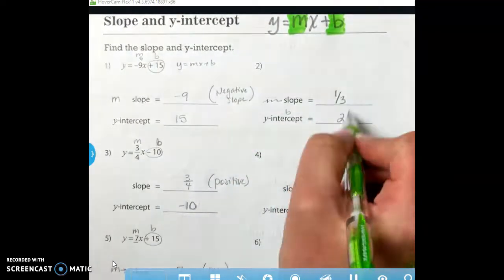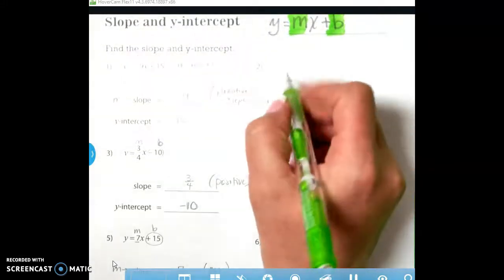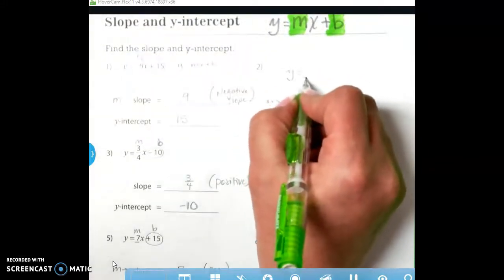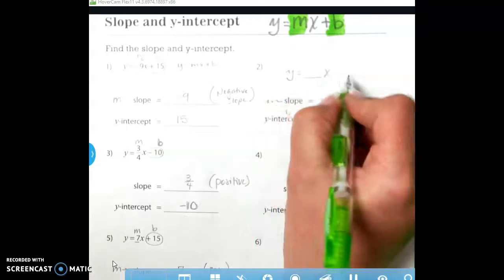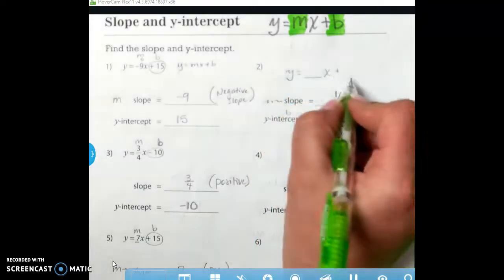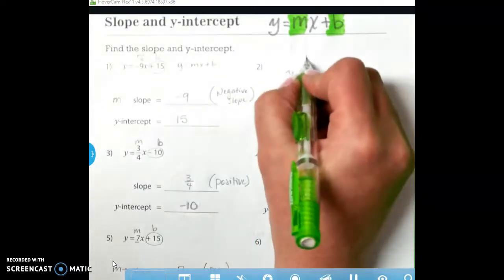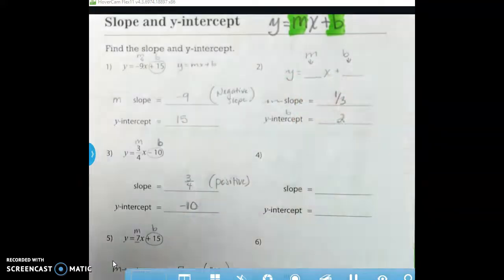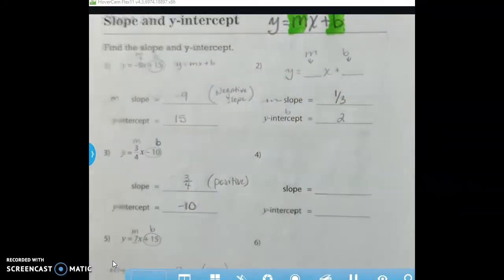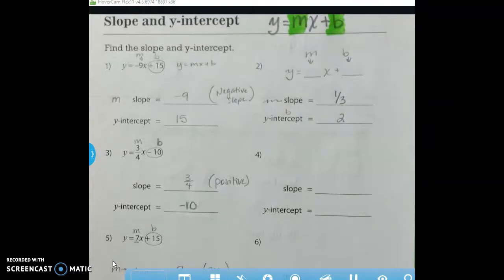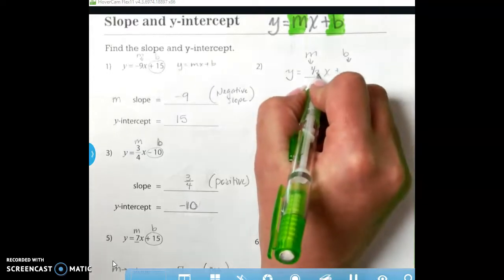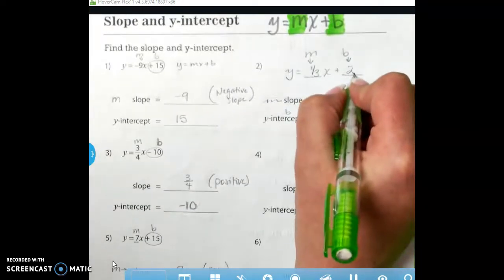So when we create an equation using these values, we do not need to worry about the y. We don't need to worry about the x. We only need to fill in the values of slope and y-intercept, the m and the b of our equation. So that's going to give me 1/3 x plus 2.